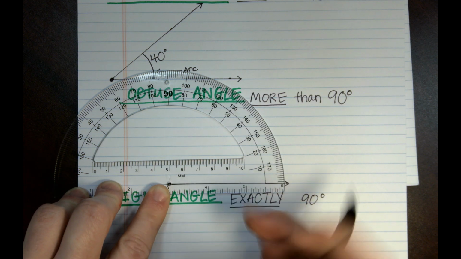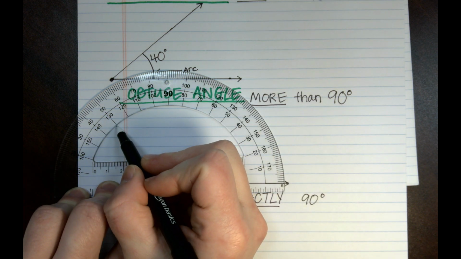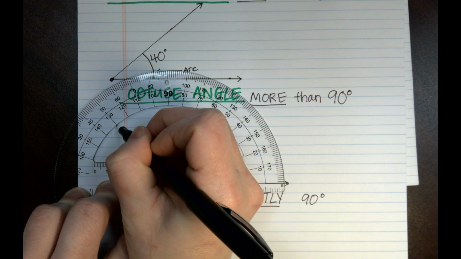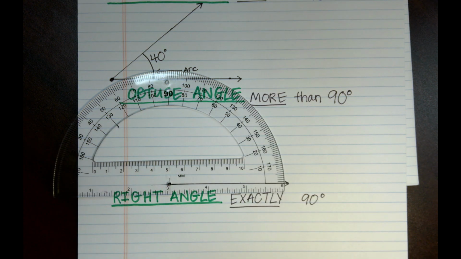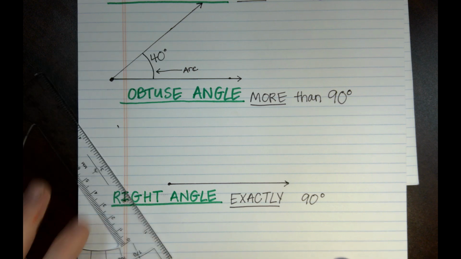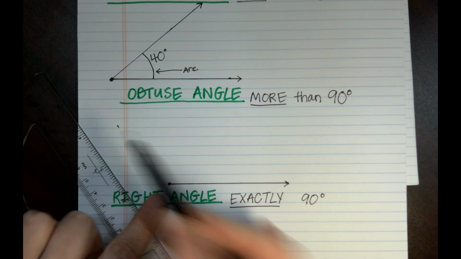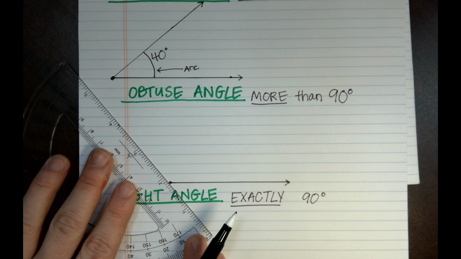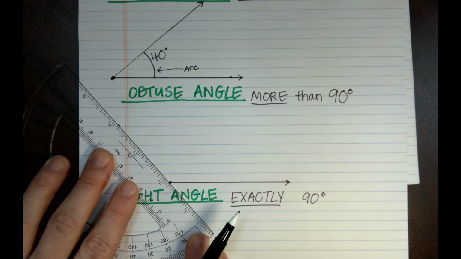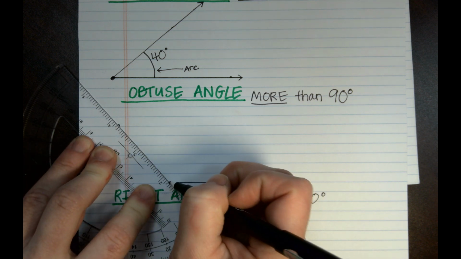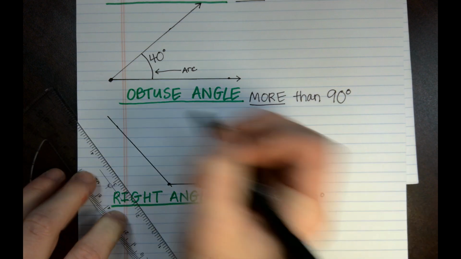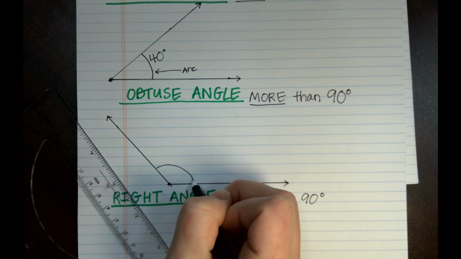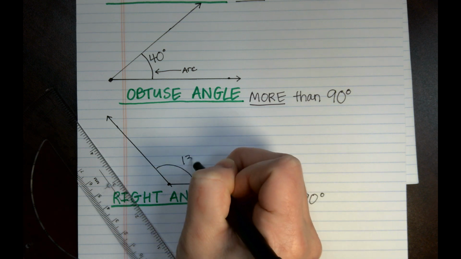Just make sure I'm lined up good. 130. And then we just connect the vertex to that little dash we made. Same thing, label, draw an arc, and I'm going to write 130 degrees.